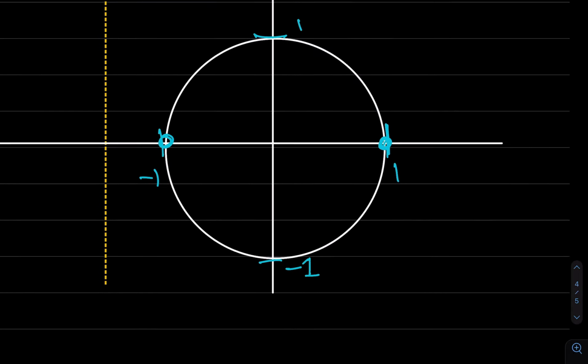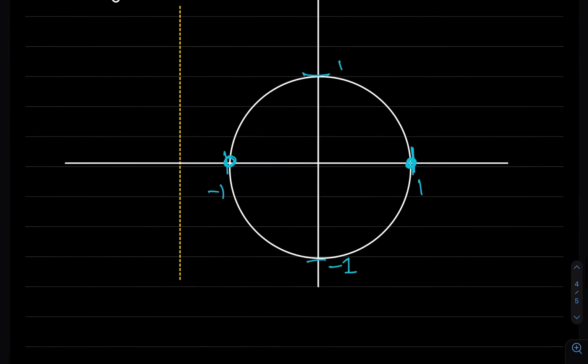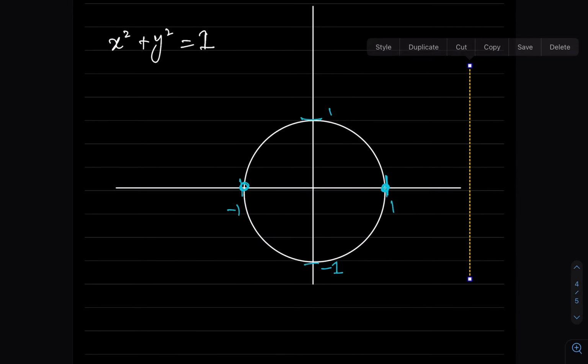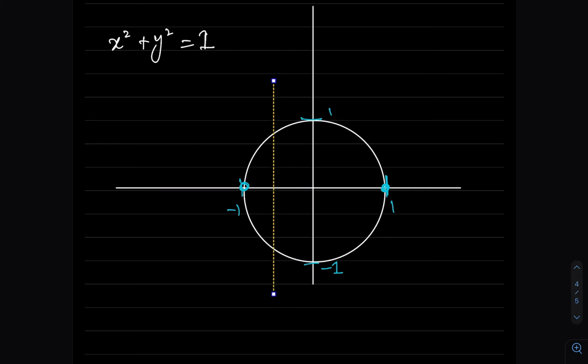Why? Because in this input you're getting only one output, right? But as I defined, every single input must have only one output. So because all of these points have two outputs, we're not going to consider those 2 points.